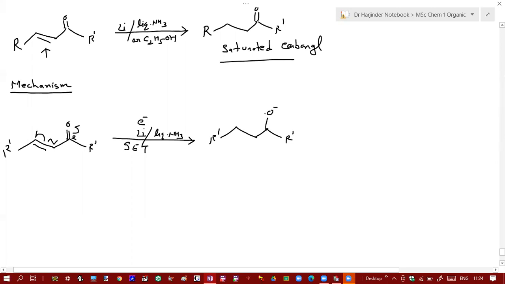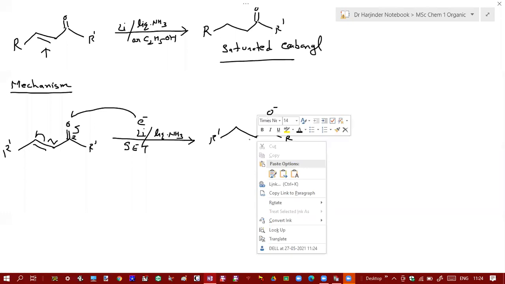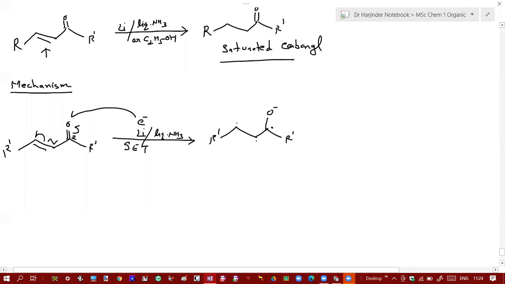So this oxygen acquires a negative charge. This single electron goes to oxygen. At this carbon, you have a single electron. Over this also you have a single electron, and at this carbon also you have a single electron. So you will get this kind of radical anion intermediate.